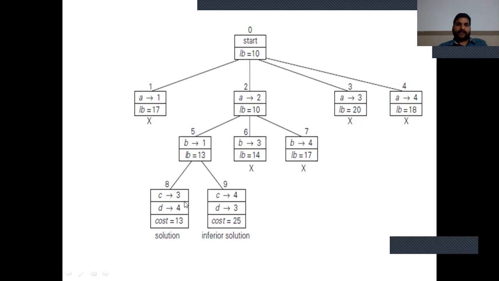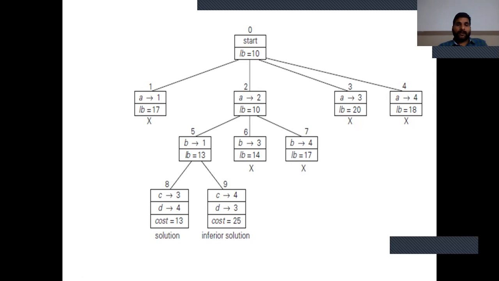And in this bound, we calculate the cost of the matrix, and the cost of the matrix equals 30. If we assign task 4 to person C, then only one task, 3, remains, assigned to person D. Then the total cost according to this assignment is found to be 25.